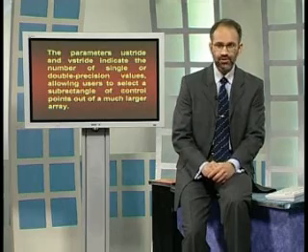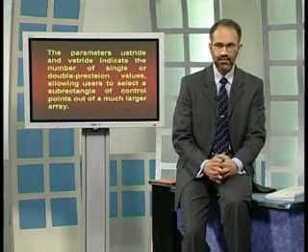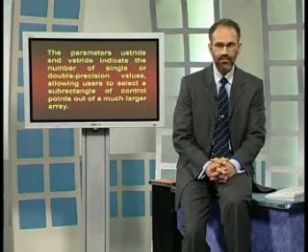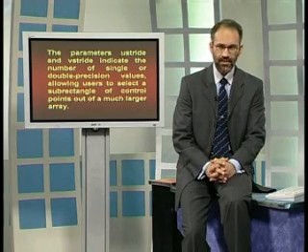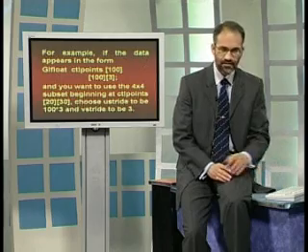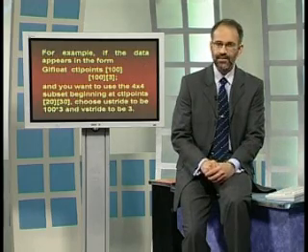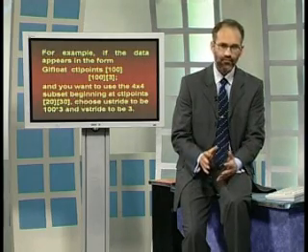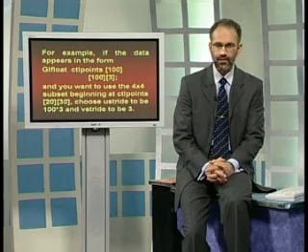The parameters ustride and vstride indicate the number of single or double precision values, allowing users to select a subrectangle of control points out of a much larger array. So we have the facility of choosing a subset or a subrectangle of the total number of available points.